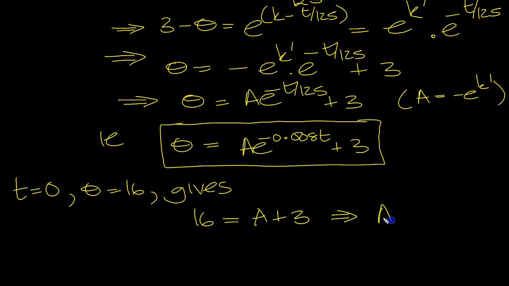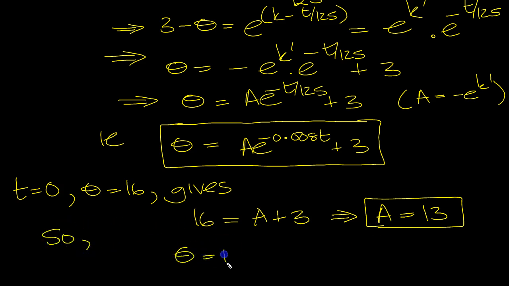And that tells us that A is equal to 16 minus 3, which is 13. So theta is equal to 13 e to the minus 0.008t plus 3.